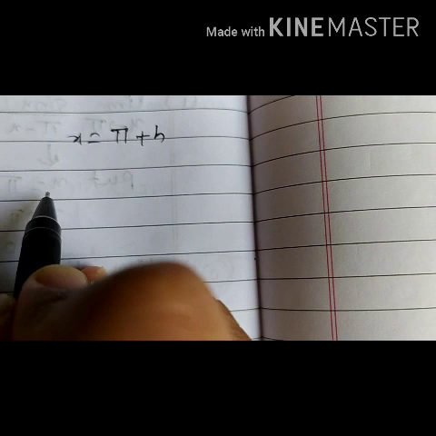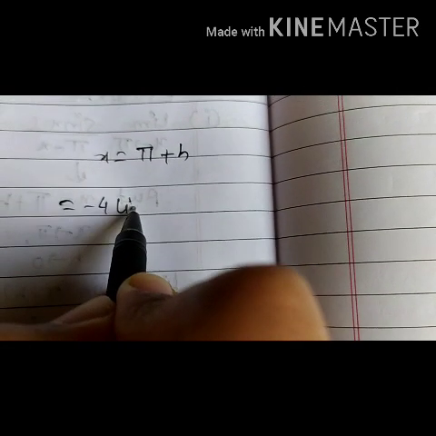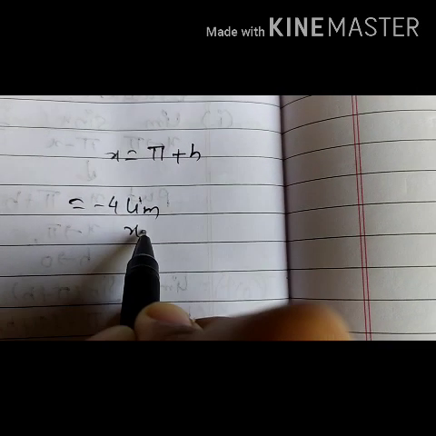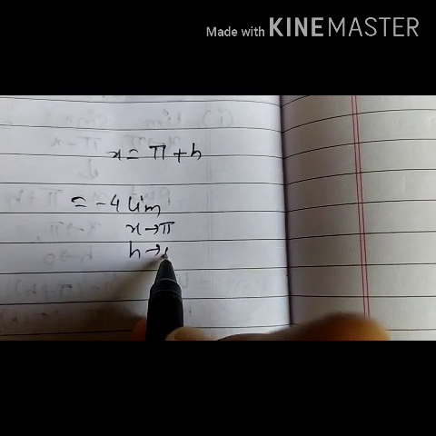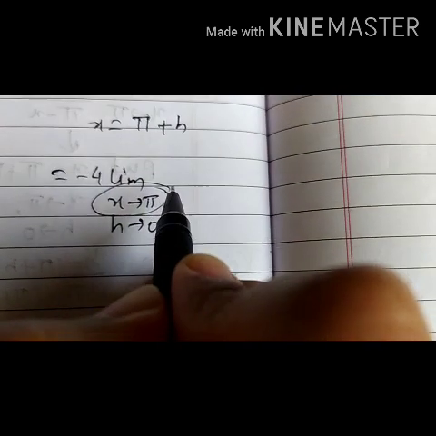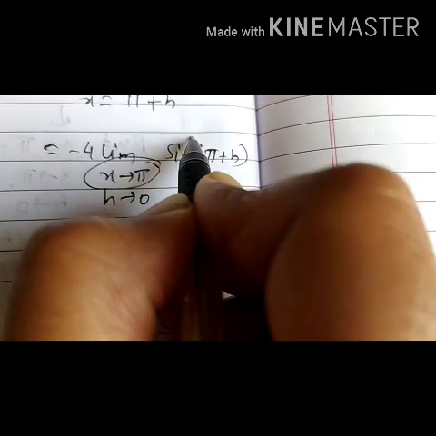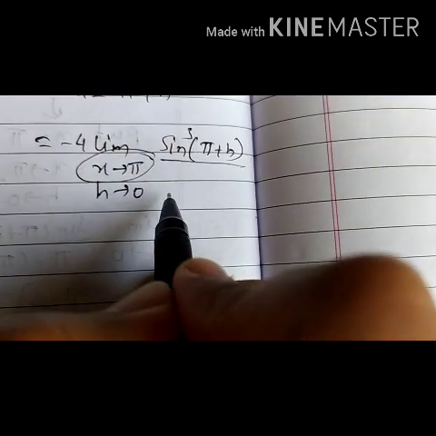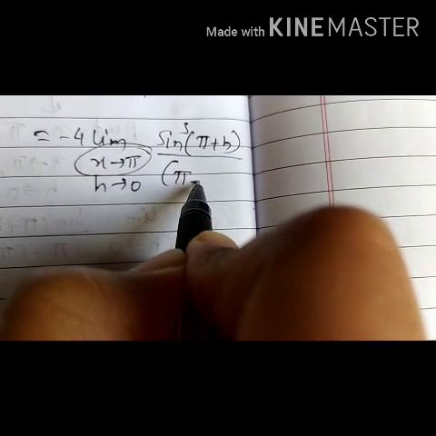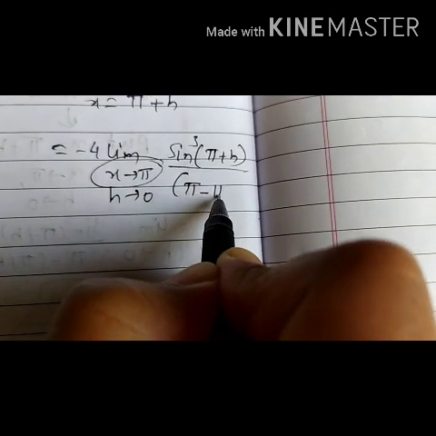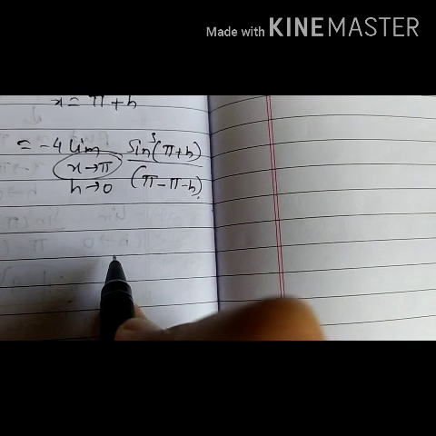So we have minus 4 times the limit, as x tends to pi, h will tend to 0, of sine cube of pi plus h upon pi minus pi plus h cube.